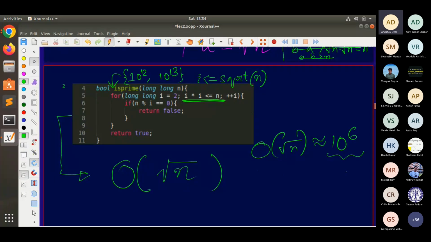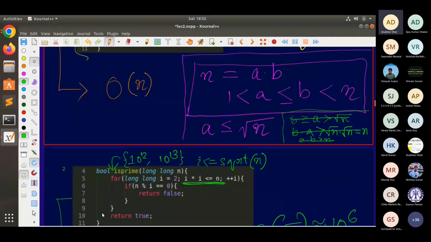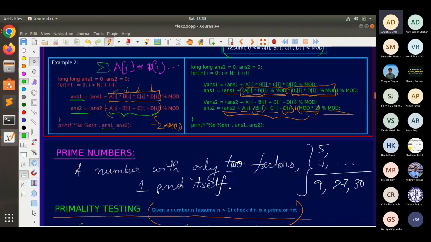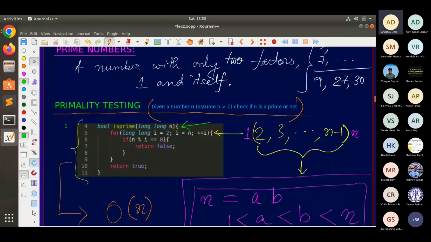So this is well under the approximate limit that we had. So 10 to the 6 is fine. So 10 to the 12, 10 to the 13, stuff like that can be handled by this code. But in the other code, you can't handle them because order n gives you 10 to the 12 for numbers like that, which is well above 10 to the 8. This is clear.